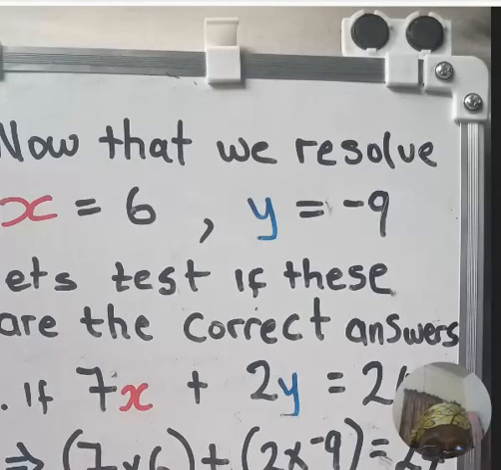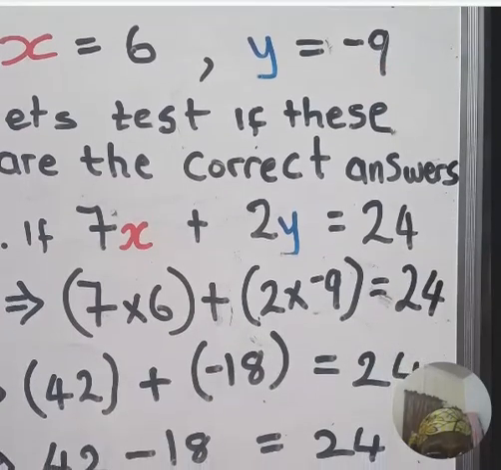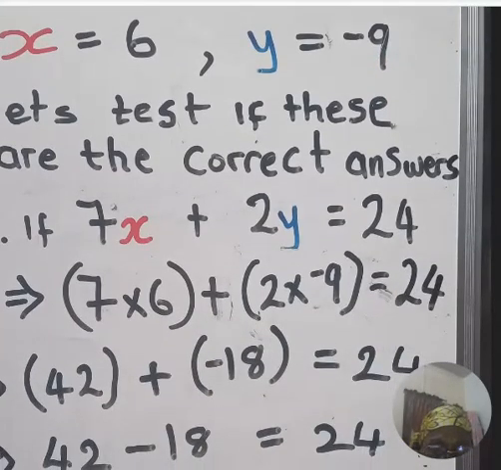So now that we have resolved for the two unknowns, let's test whether the x and y numbers we arrived at are correct. What we need to do is substitute this x and y into either of the equations and see whether the answer comes out correct. So let's say 7x plus 2y is equal to 24. We know that x is 6 and y is minus 9.